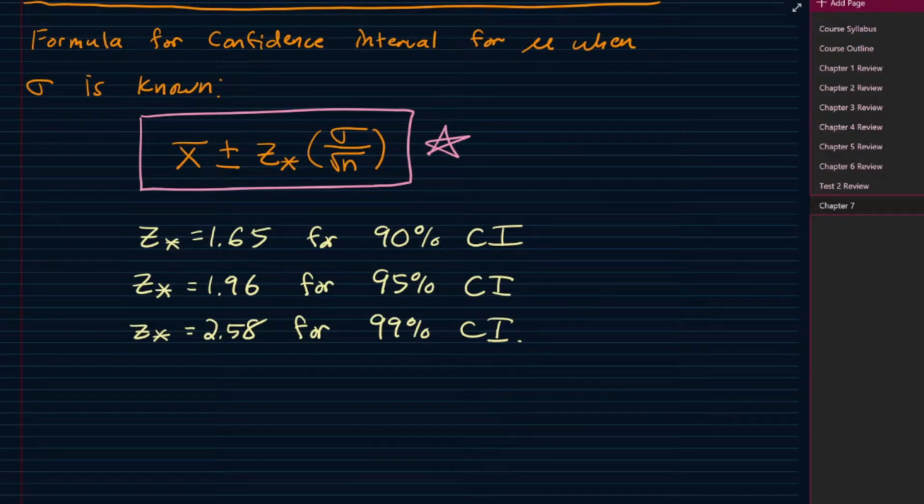And there are some stipulations here. Number one, the sample needs to be random.